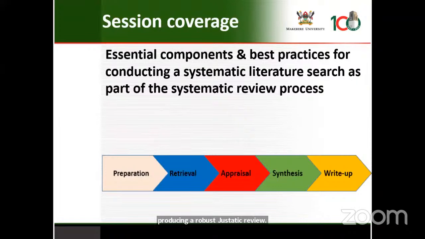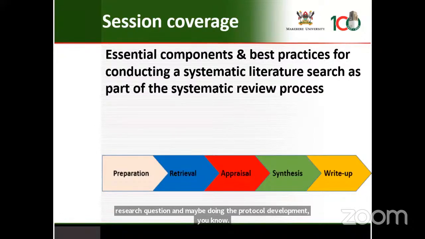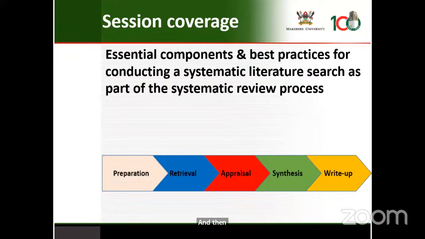So that is the systematic review process. Under those words that you are seeing down there, preparation, retrieval, appraisal, synthesis, and write-up, each one of them has a subtopic under. For example, under preparation, you find a research question, which you did yesterday, identifying or formulating the research question and maybe doing the protocol development, and then retrieval, which is our main focus today, the one that is in blue.